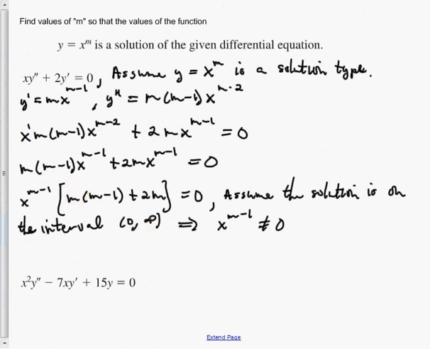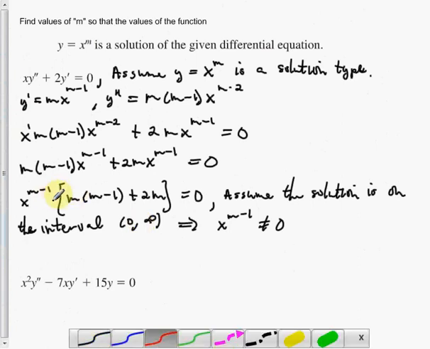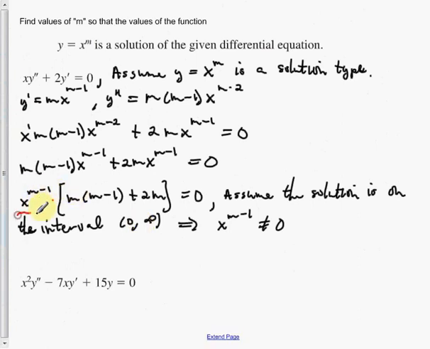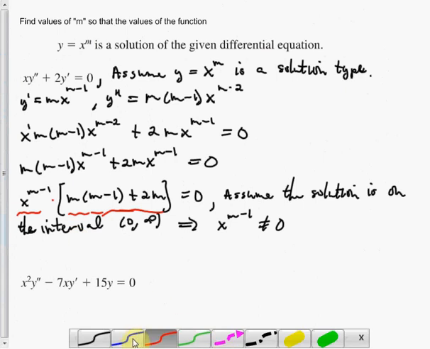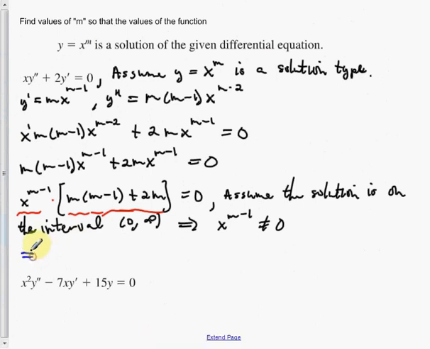So from this product, this term times this term, well, if this is not 0, this guy has to be 0 in order to get 0 over there, right? So 0 times some term gives us 0. So here we have m times m minus 1 plus 2m equal to 0.